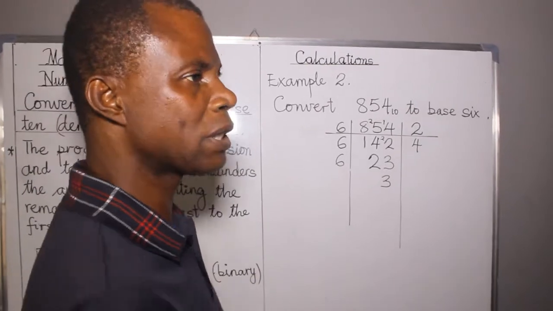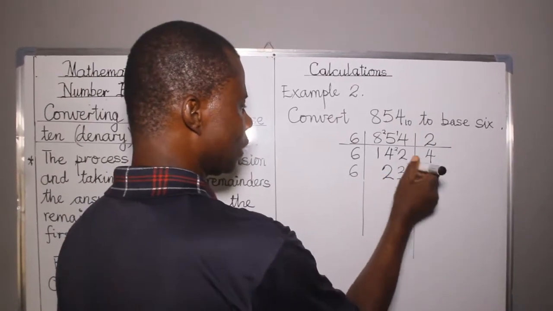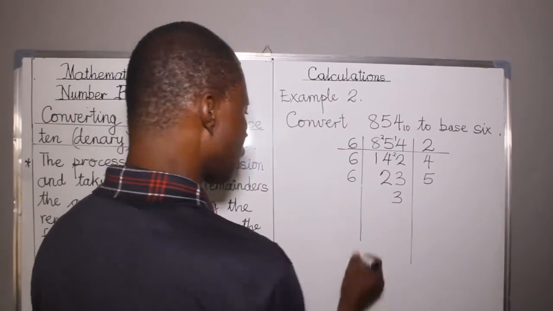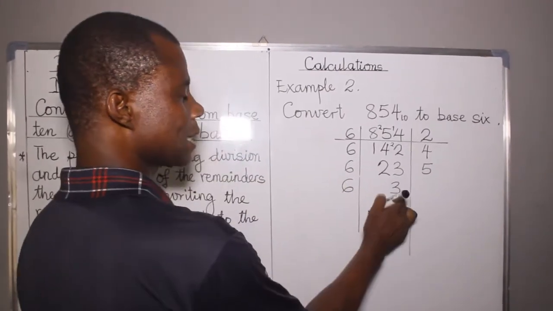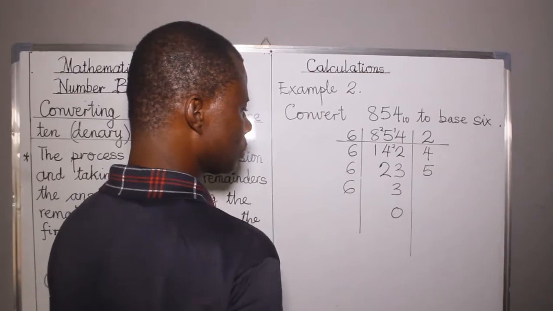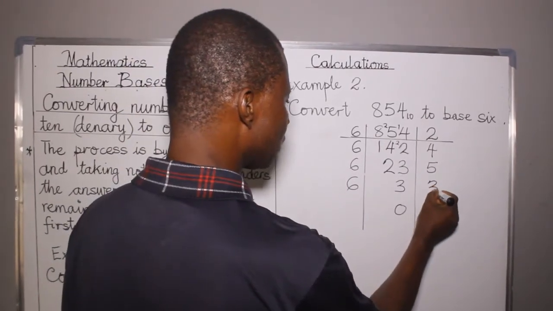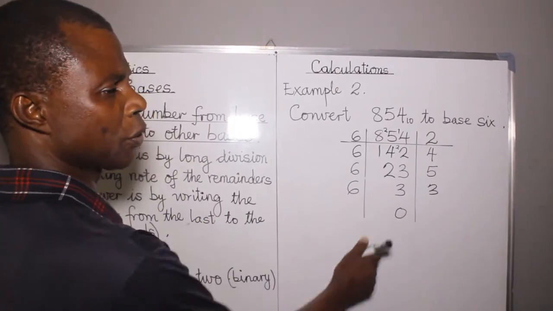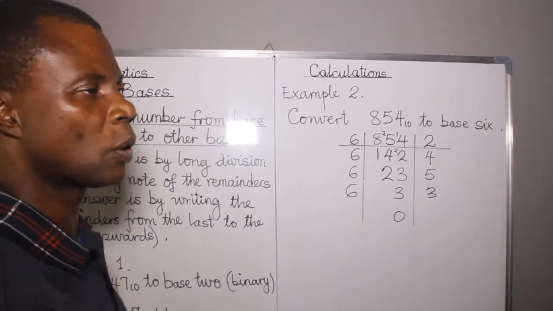Take 18 from 23. You have 5 as your remainder. Continue with 6. 6 here, 0. Remainder 3. And once this becomes 0, you have come to the end of the work.